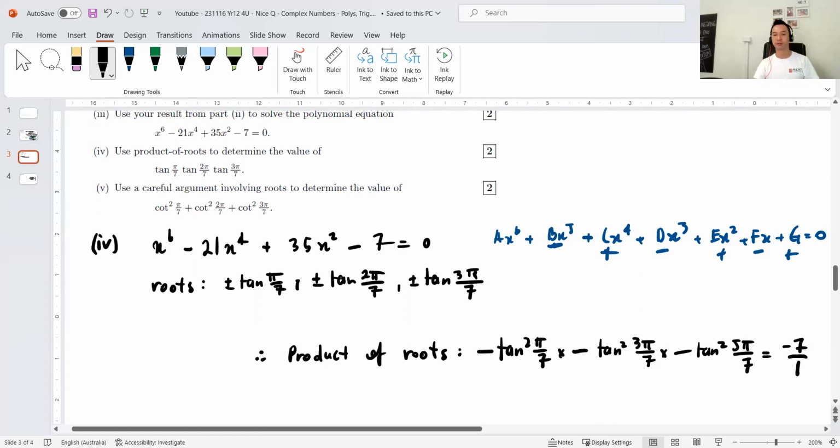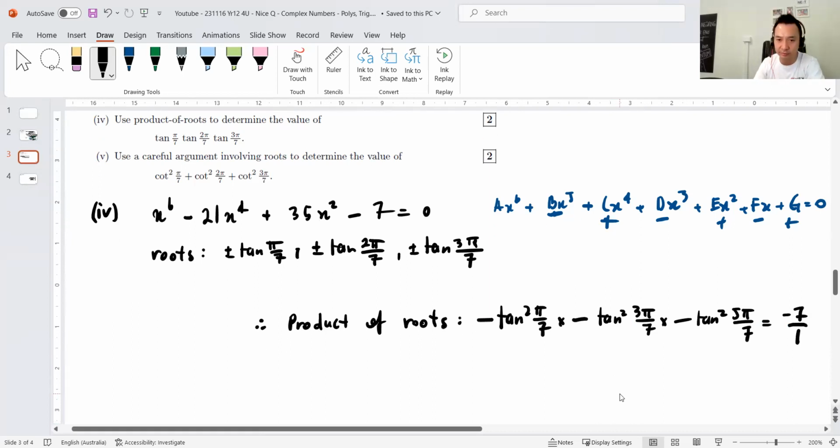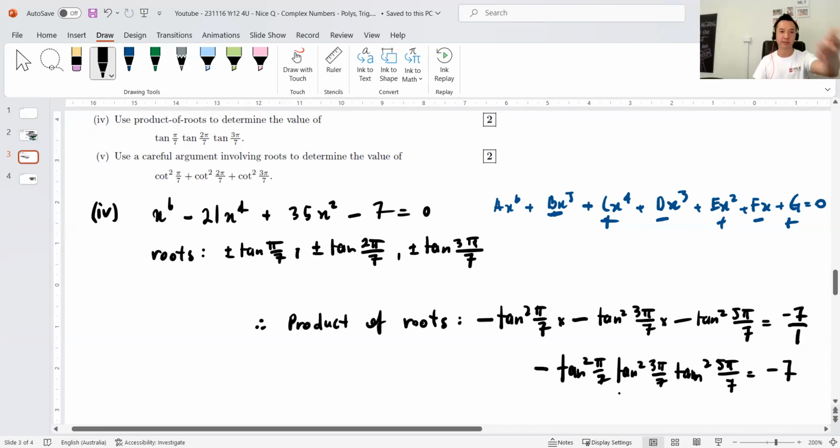Now, that's going to give me negative of tan squared pi on 7, tan squared 3 pi on 7, tan squared 5 pi on 7 equals negative 7. And then the answer that they want.